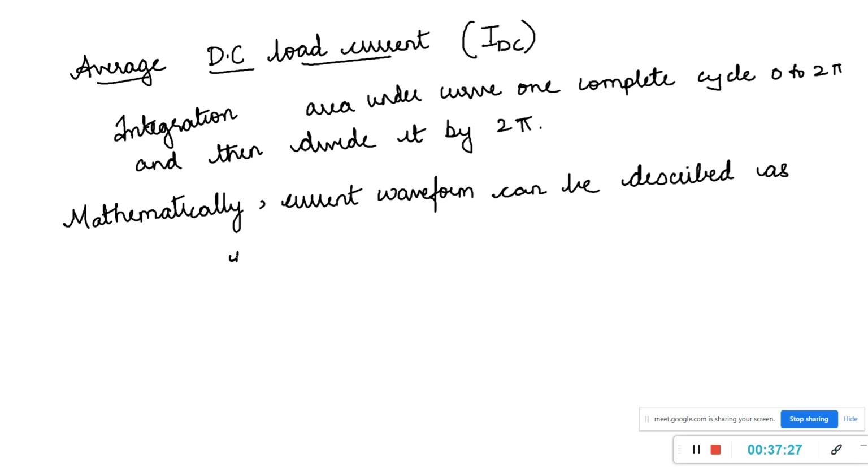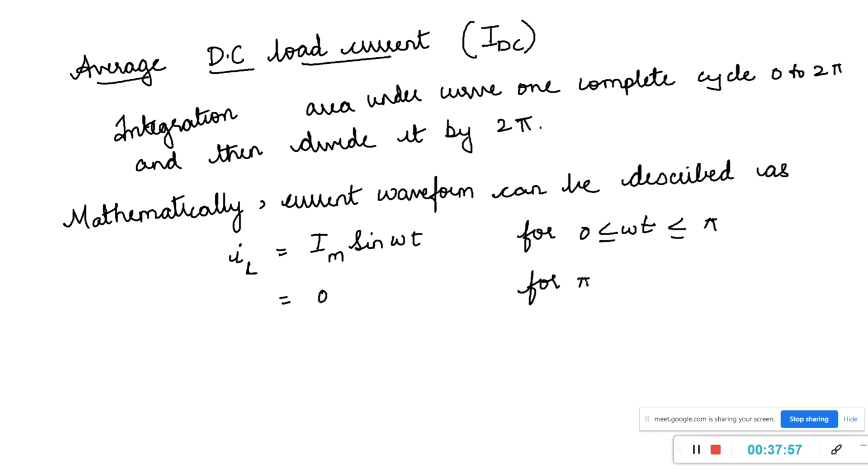So students, load current IL is equal to Im sin omega t for the duration 0 less than omega t less than or equal to pi, and next it is 0 for pi less than or equal to omega t less than or equal to 2 pi.